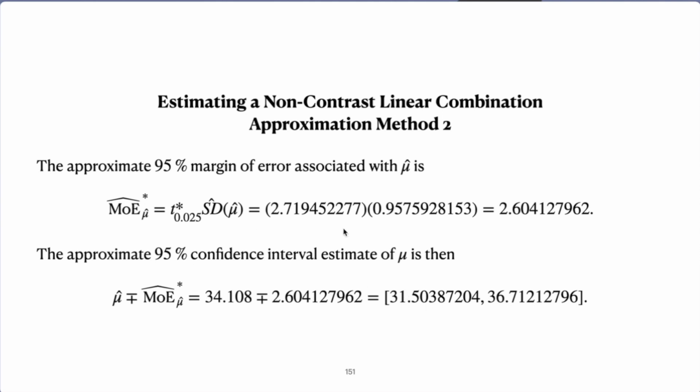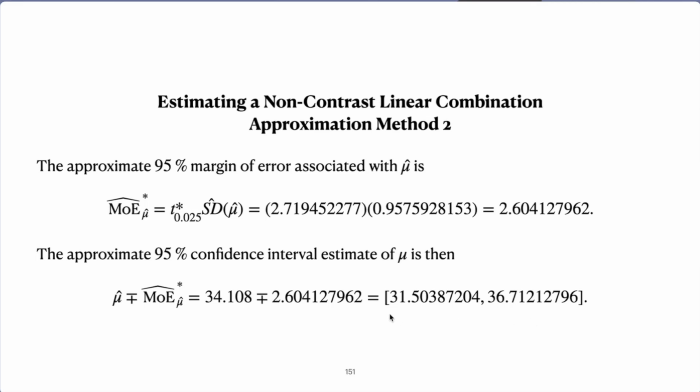Now that we have that, we multiply that against the estimated standard deviation of mu hat. That gives us the approximate 95% margin of error associated with mu hat, equal to 2.604127962. And then once we have that approximate 95% margin of error, we subtract it from the point estimate mu hat, and we add it to the point estimate mu hat to get the lower and upper endpoints for that approximate 95% confidence interval estimate of mu.